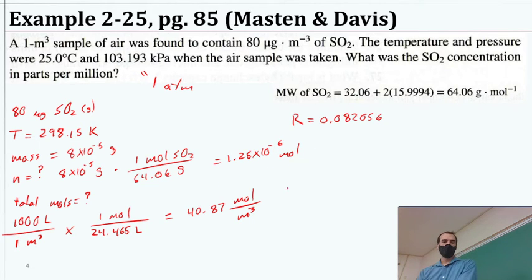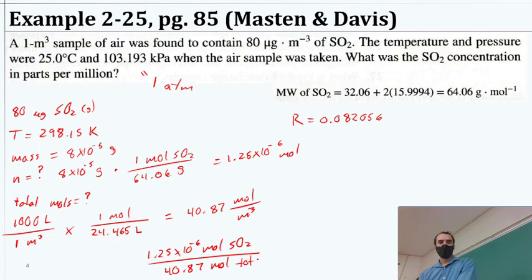So all that said, we can say 1.25 times 10 to the minus 6 moles SO2 divided by 40.87 moles total. So this would technically include that little bit that is the SO2 in 1 cubic meter.